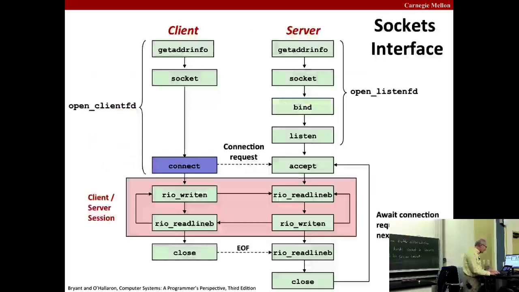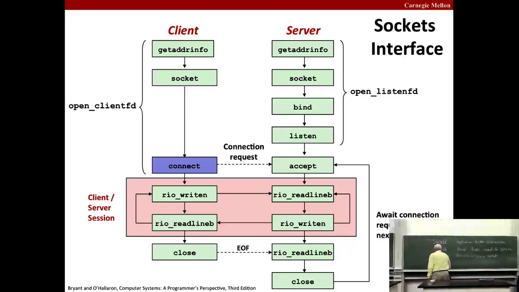Okay, over on the client side it goes through similar steps of socket, but it doesn't have to bind or listen or accept because this is a client. Instead, what it does is make a call to connect.